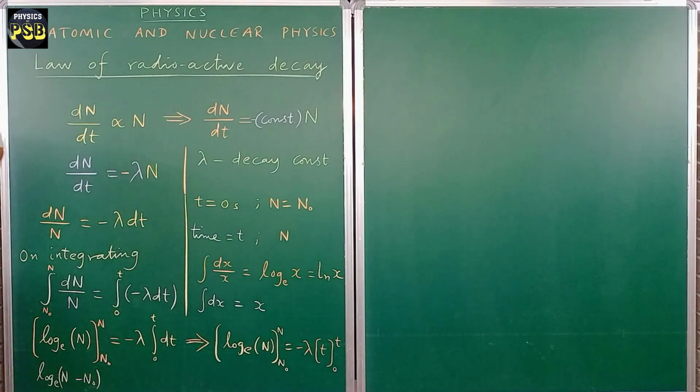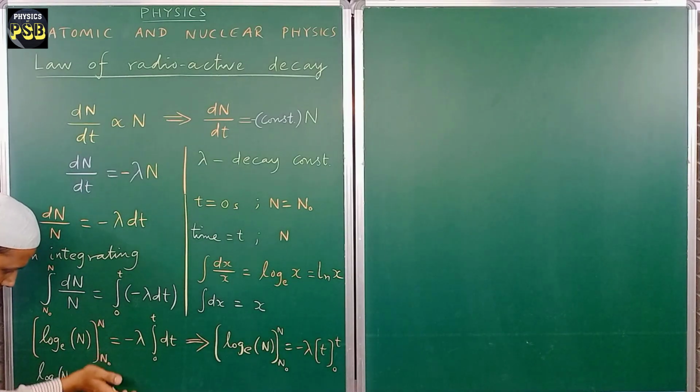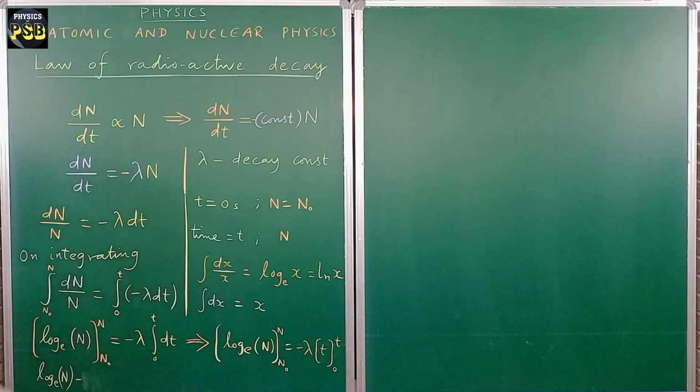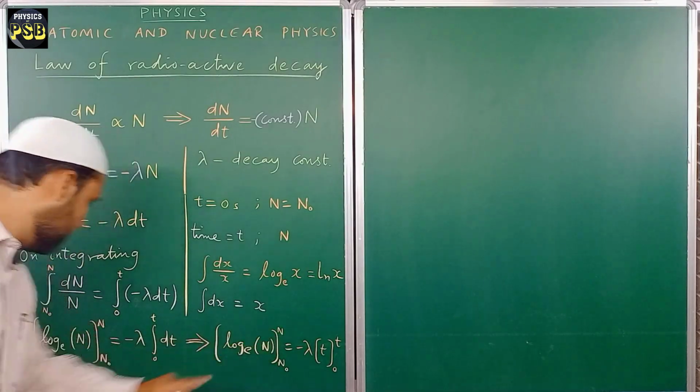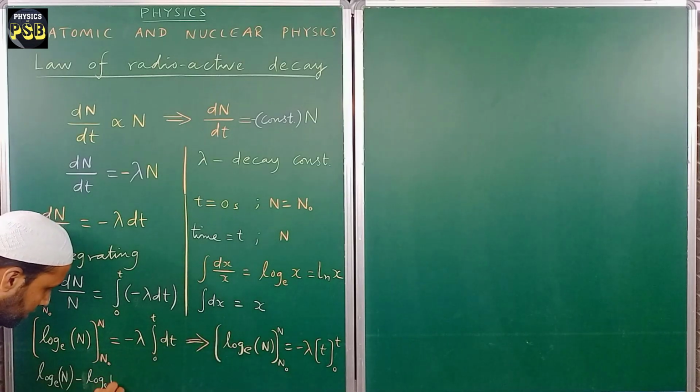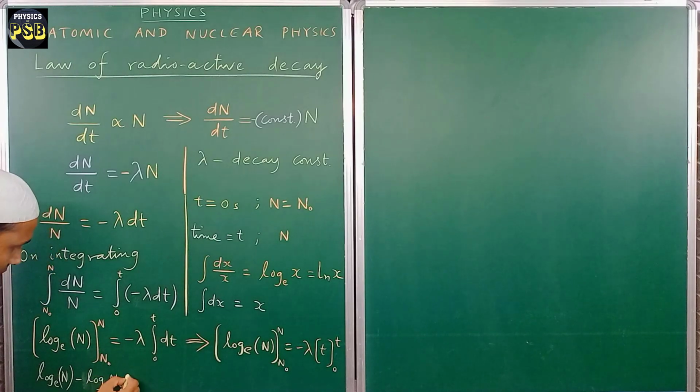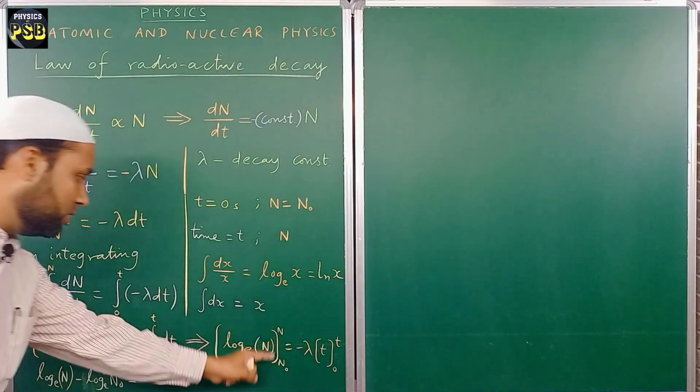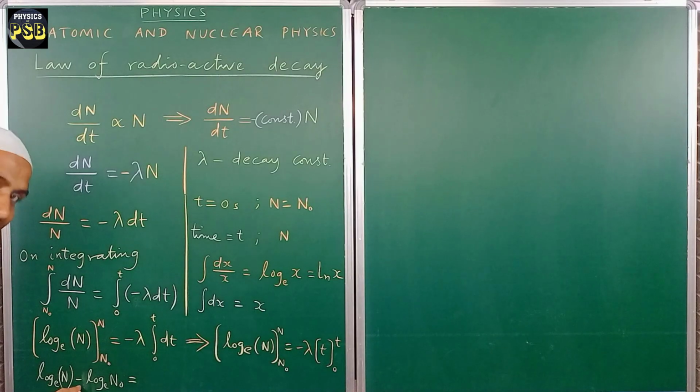Now let me increase one step here for a better understanding. In the place of n, I have written the upper limit. Then I subtract this. Then in the place of n, I am going to write the value of the lower limit, that is n naught. This is what I get here. By substituting the values of these two, I have to subtract them.